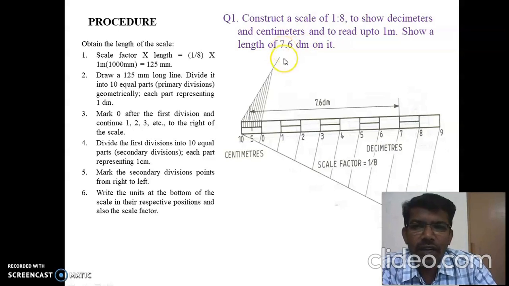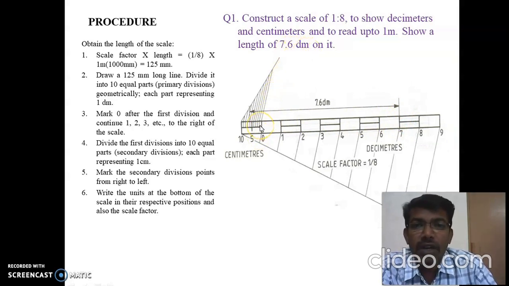Here from 0 to 1 it is 1 decimeter, 1 to 2, 2, 3, 4, 5, 6, 7. So now I draw a line here at the 7th decimeter. From here to here, this point, we have 7 decimeters. And I want 0.6 decimeters, which is nothing but 6 centimeters.